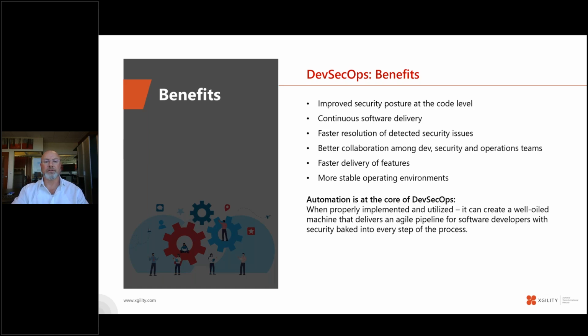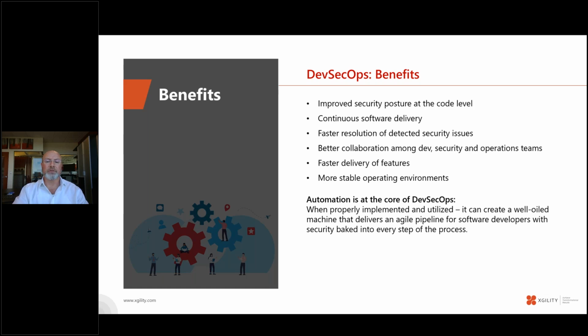It also tends to develop a faster resolution path for detected security issues that you run into when the code does go public. And that's done through a strong collaboration amongst the developers, software security folks, and operations teams, the DevSecOps team, ultimately.